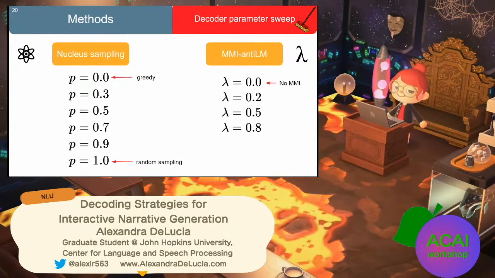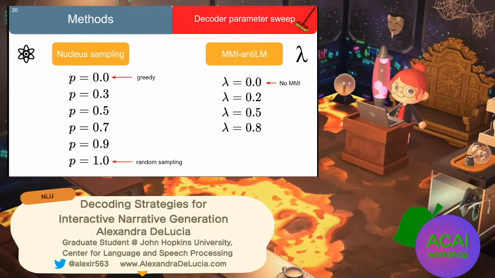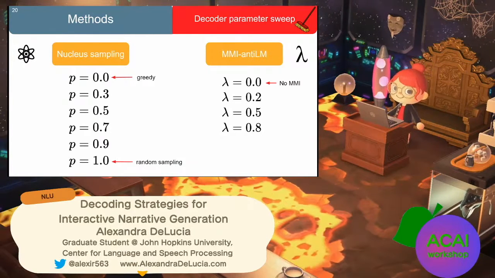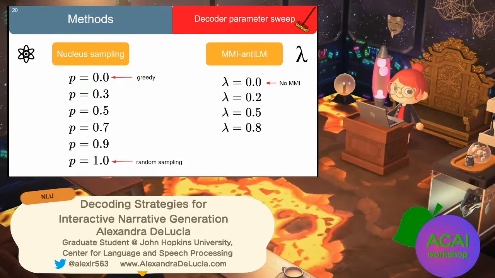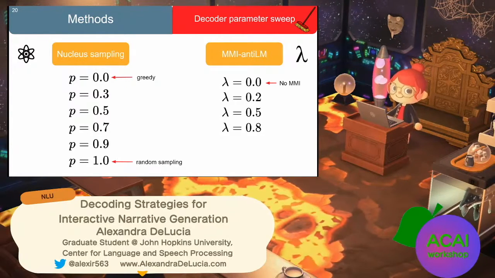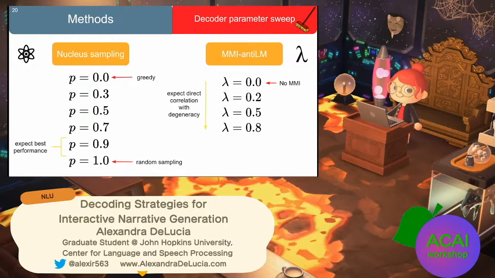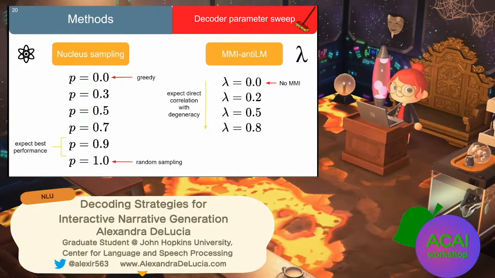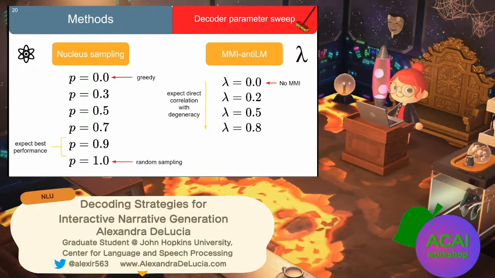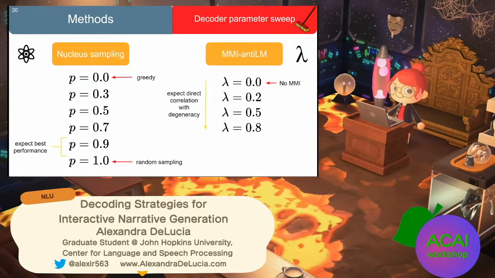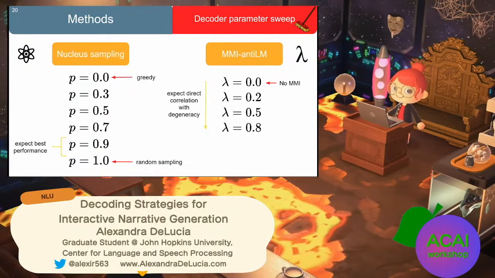And as for the lambda values, we include lambda equals 0, but that just represents we are not using diverse decoding. Looking at previous work, we expect p-values around 0.9 to perform the best and expect the model to become more degenerate as lambda increases, since it will be paying less and less attention to its own language model.